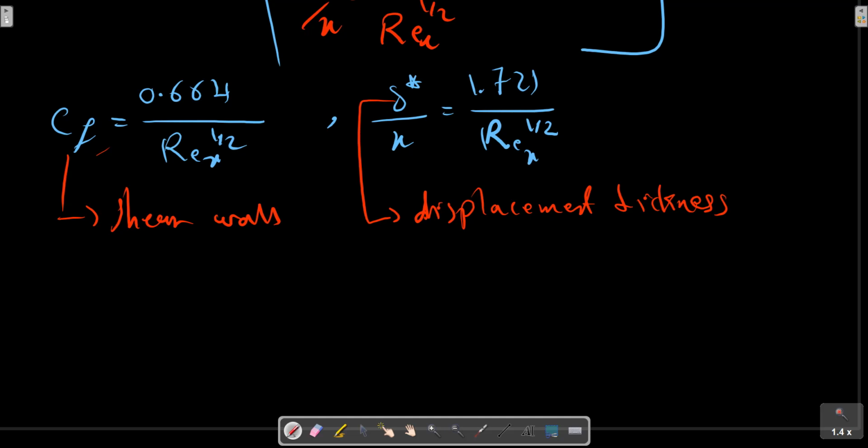When Cf is converted to dimensional form, we have this relation for the wall shear stress as a function of x.